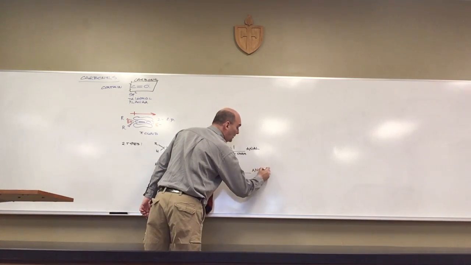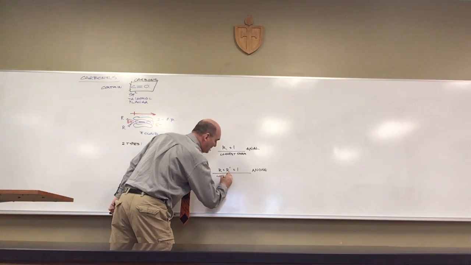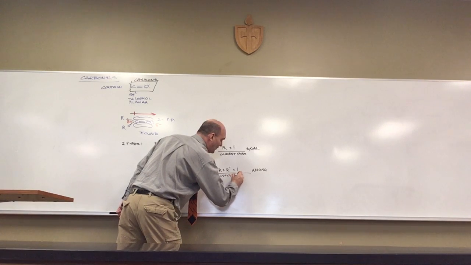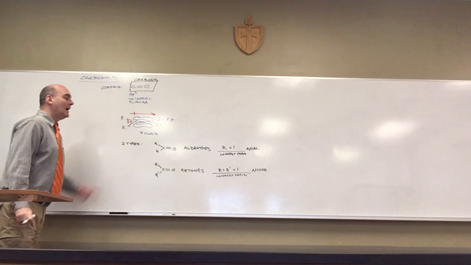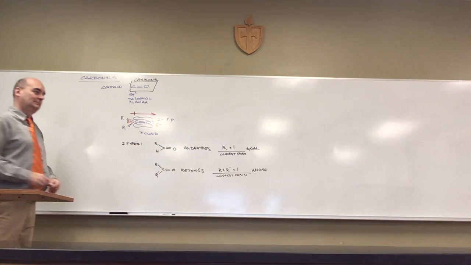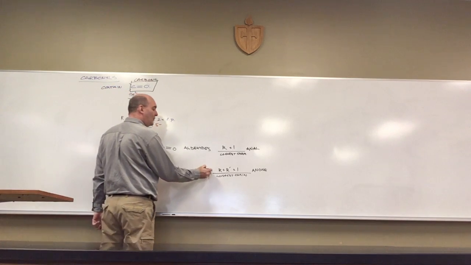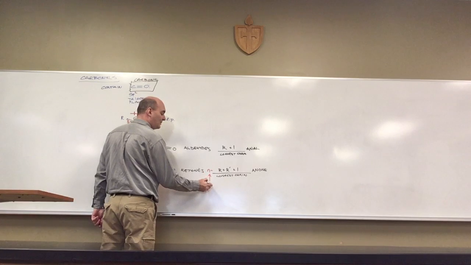And -one. So R plus R prime plus 1 basically is just the longest chain. Aldehydes don't need a numbering system. Ketones are going to need a numbered position.